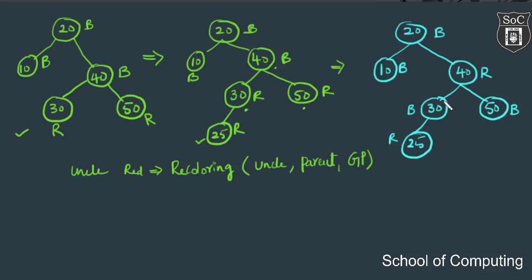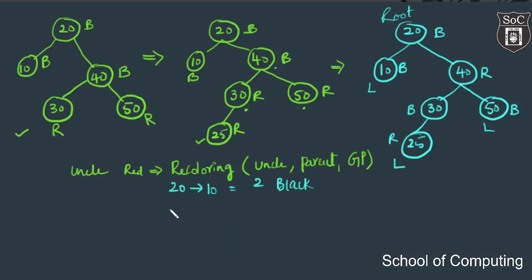So how many leaf nodes are there in this tree? 10 is a leaf node, 25 is a leaf node, 50 is a leaf node. So 20 is the root node. From 20 to 10, how many black nodes are found? 2 black nodes, right?